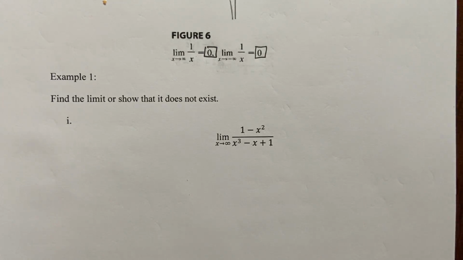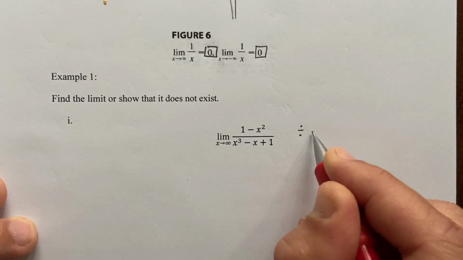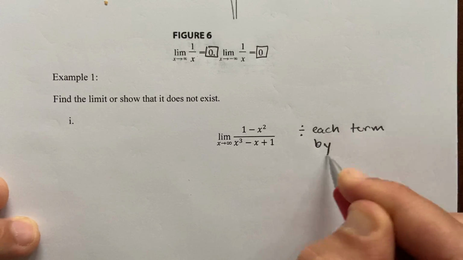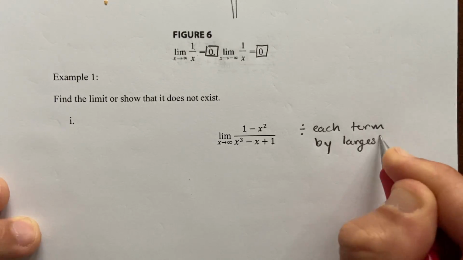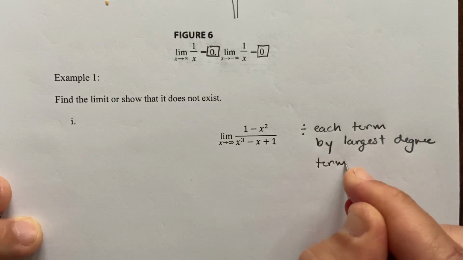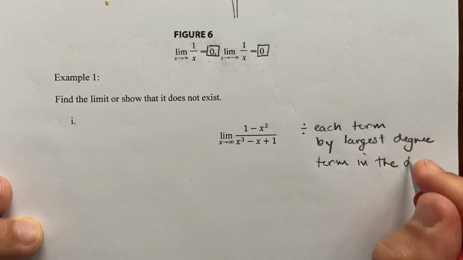That way I'm dividing out what's going on at the end, and I'm able to see more up front what this function's kind of destiny is, if you will. So I'm going to divide each term by the largest degree term in the denominator.